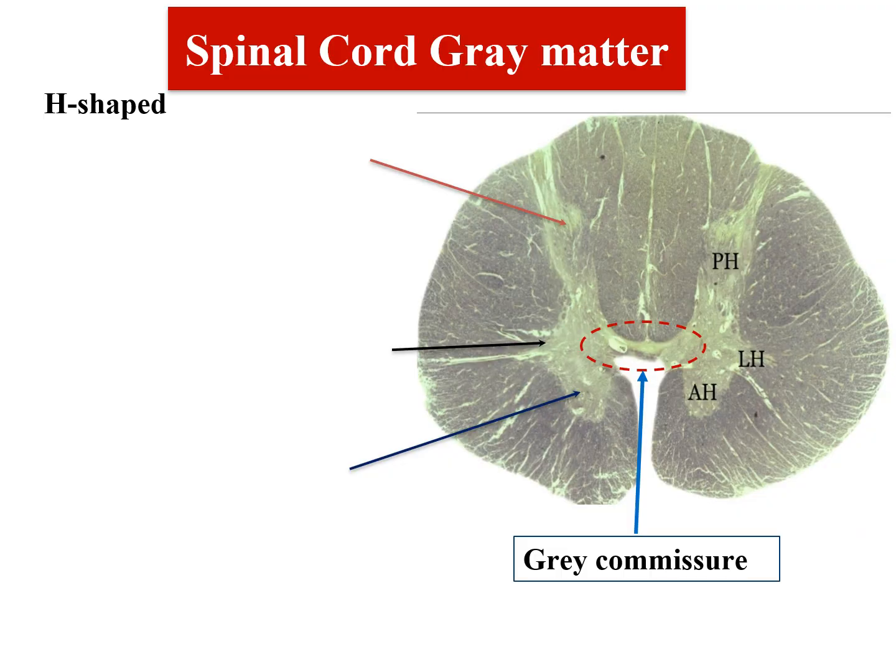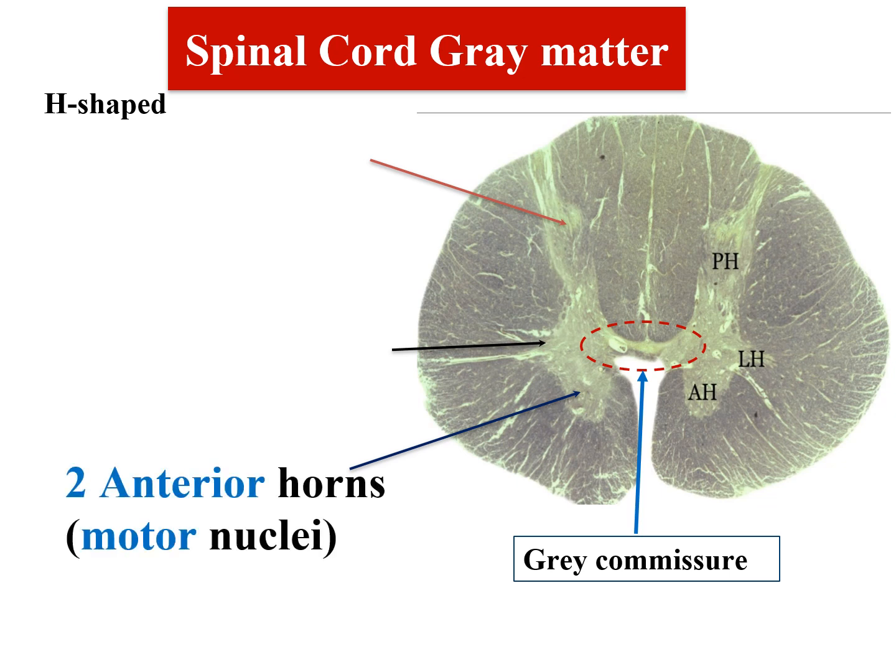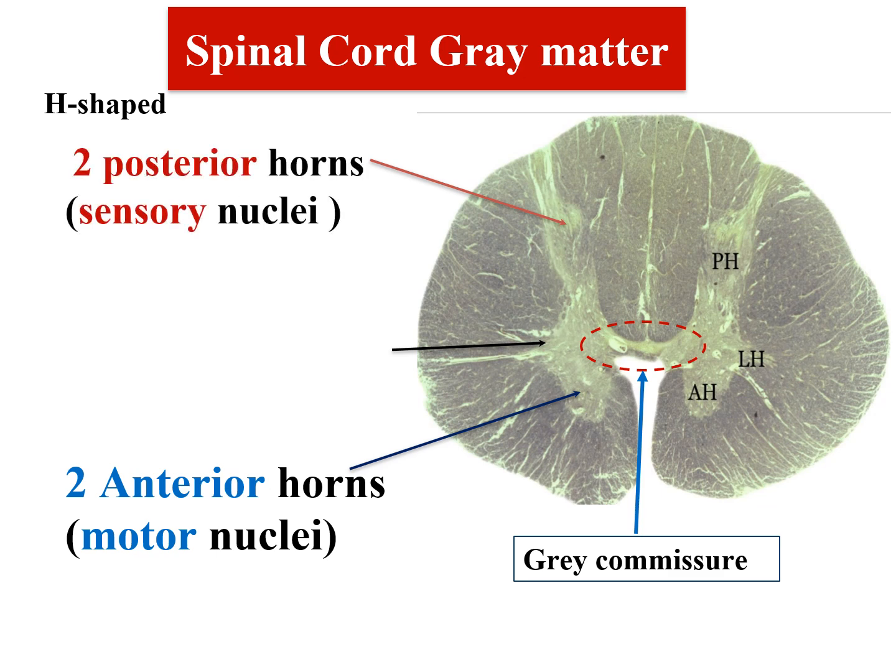Spinal cord gray matter, as I have mentioned before, takes the H shape. This H shape is subdivided into the anterior horn, which is present anteriorly, the posterior horn, which is present posteriorly, and the lateral horn, which is present in some segments and not in others.